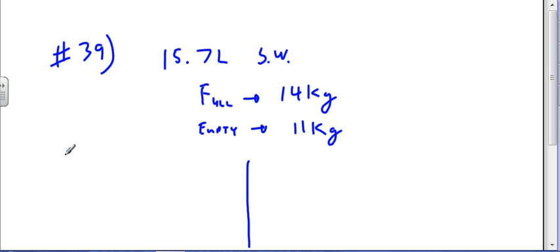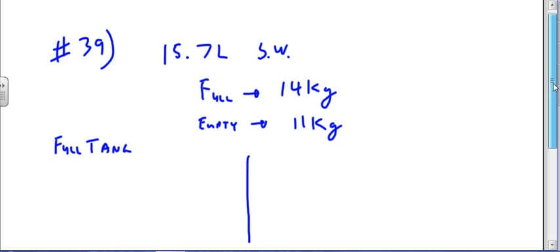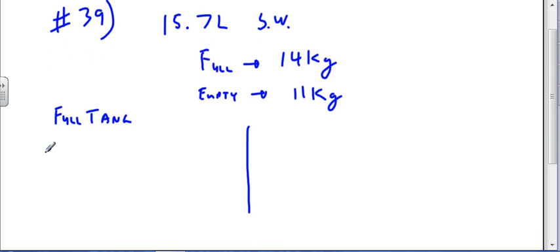So I got a full tank. And I'm going to have 0.0157 meters cubed times the density of seawater, which is something greater than 1. And I haven't used it yet, so that means I have to go find it. Seawater, 1025 kilograms per meter cubed.